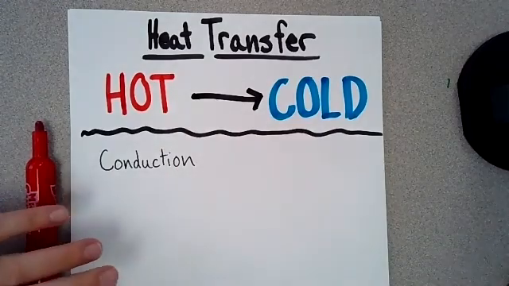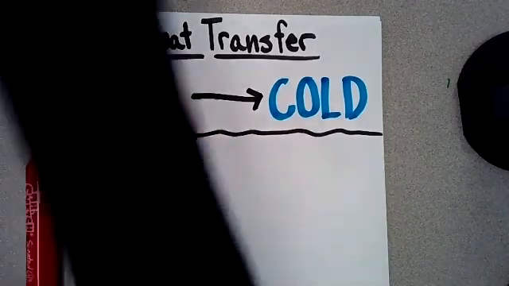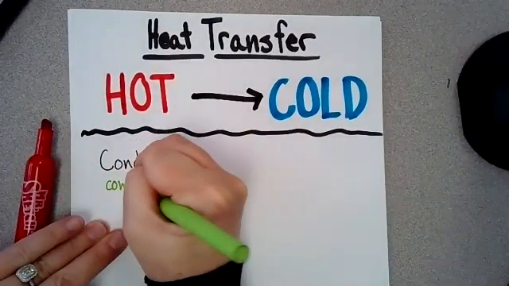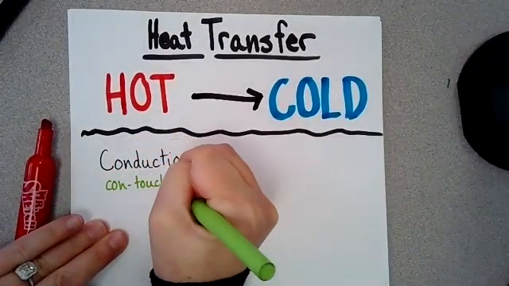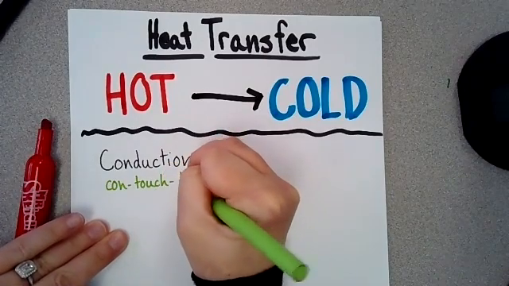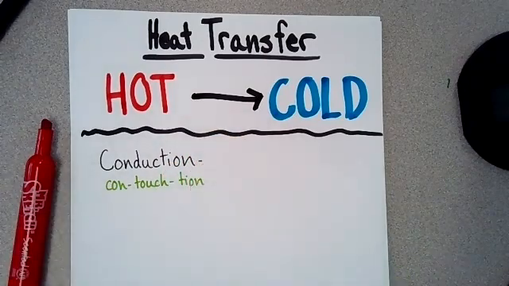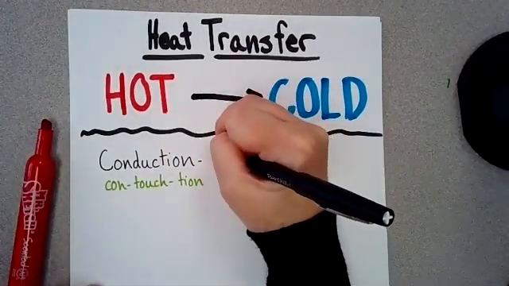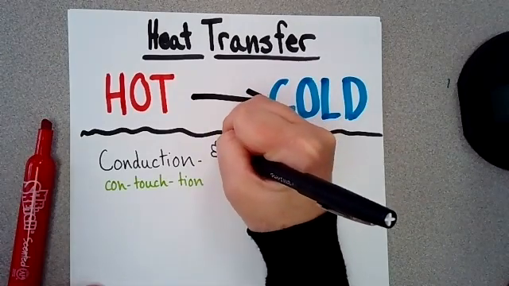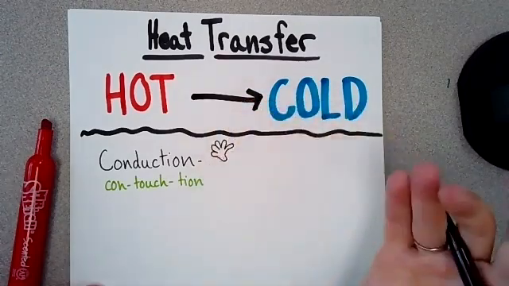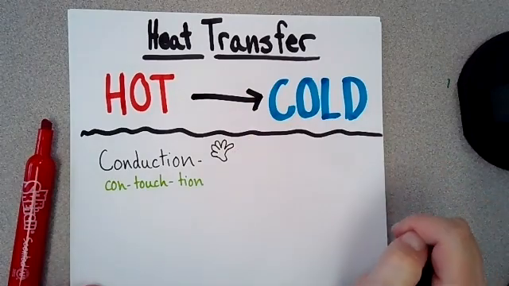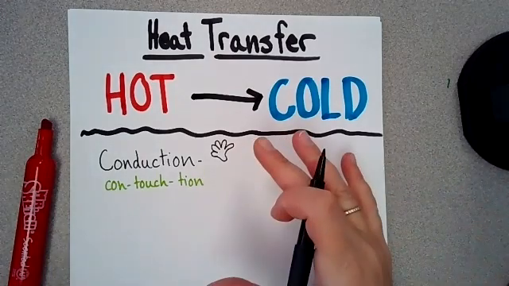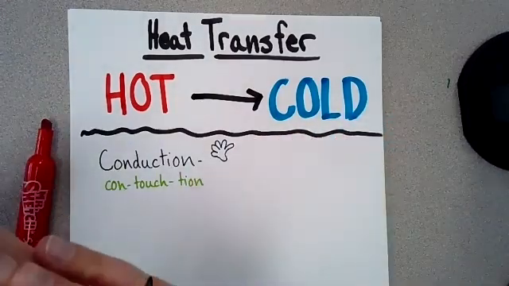Underneath, I want you to write conduction, because conduction happens when something that is hot touches, this is sadly enough, a hand. I know, that looks horrible, but that is supposed to be a hand. This is when heat transfers by things that are touching each other.